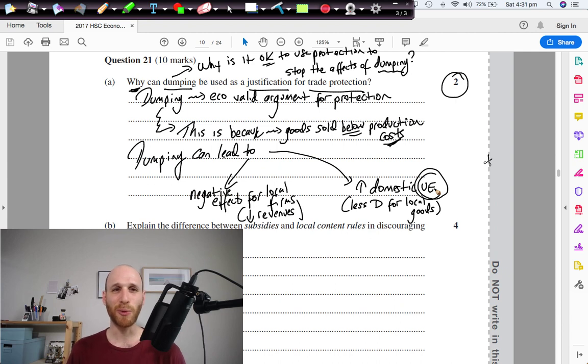So again, if we're looking at why can dumping be used as a justification for trade protection, it's because dumping has such negative effects on an economy, including reducing local firms' revenues and also increasing domestic unemployment. Okay, let's move on to part B.